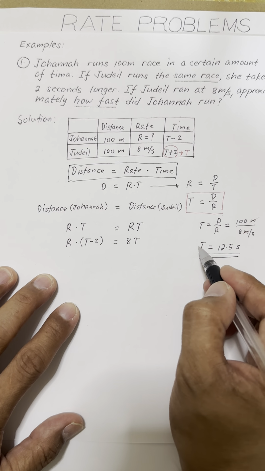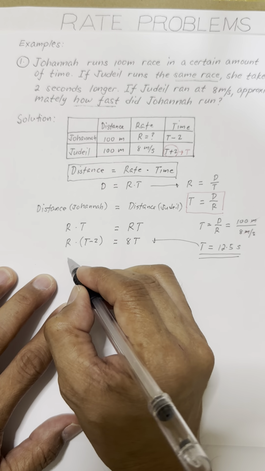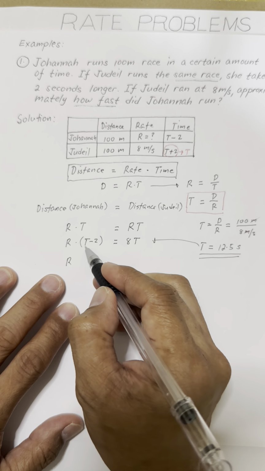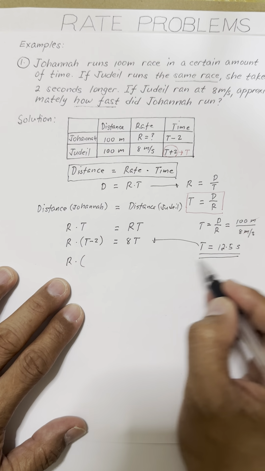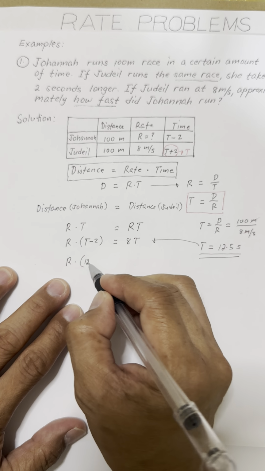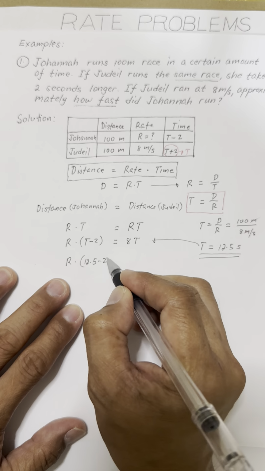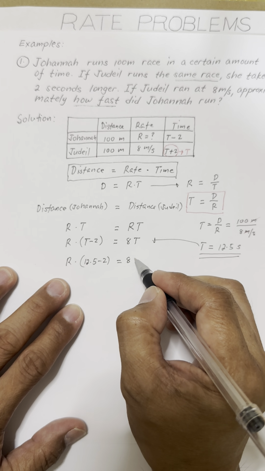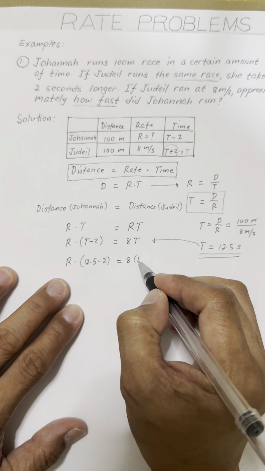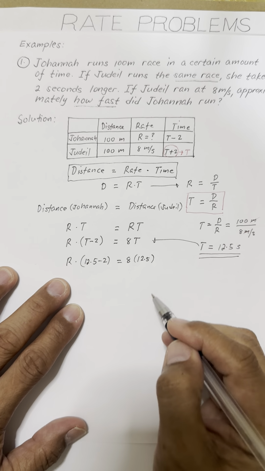So substitute this one here. We have R times t, where t is 12.5, so 12.5 minus 2 equal to 8 times 12.5.